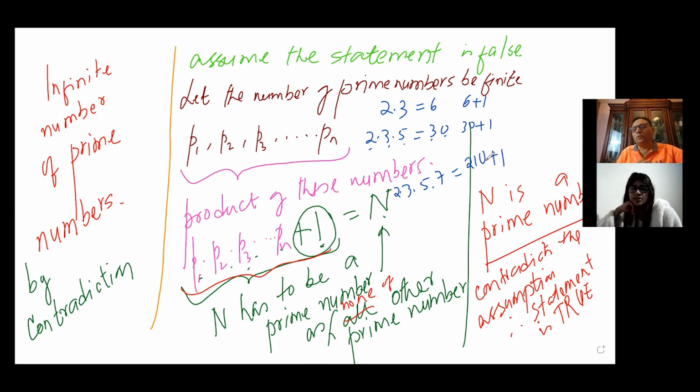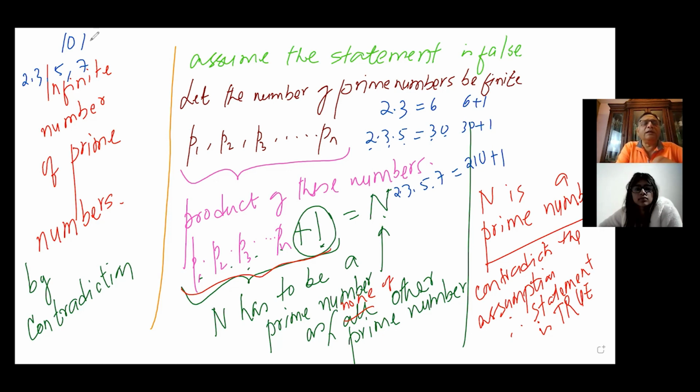Let me take an example. Let's say we have 101. Now we have to show whether 101 is a prime number or not. Let us say we don't know. In that case, what are we going to do? What is the square root of 100? 10, right? So if you divide this by numbers like 2, 3, 5, and 7, these are the only prime numbers below 10, they could divide this.